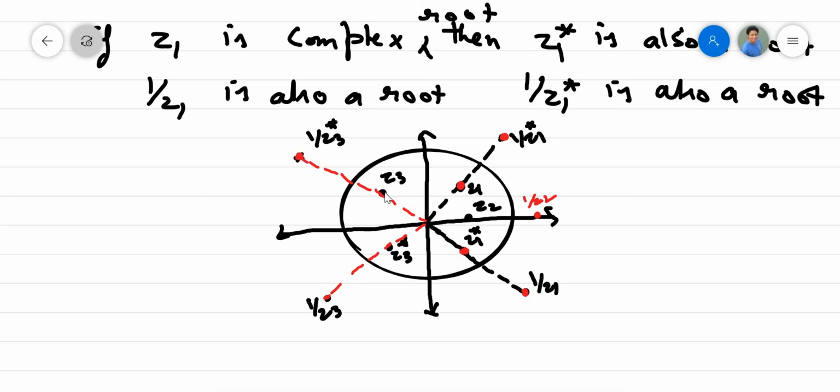So these are the symmetric zero locations for a linear phase FIR filter.